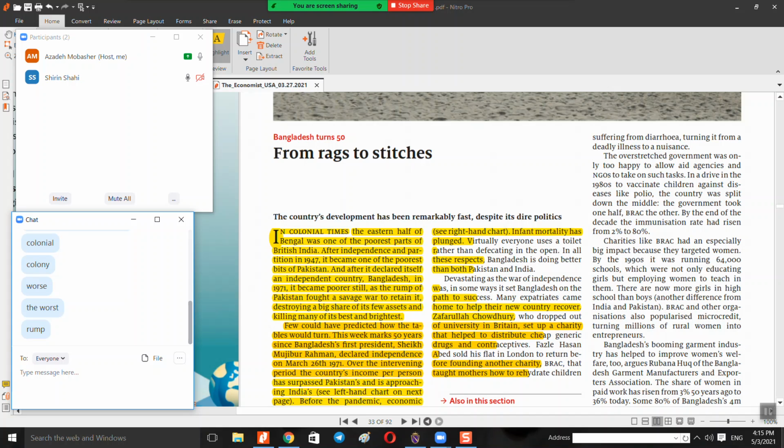It was like this. Many of its best and brightest assets were destroyed by a big. No, don't change the sentence. It's not one of those reduced clauses.